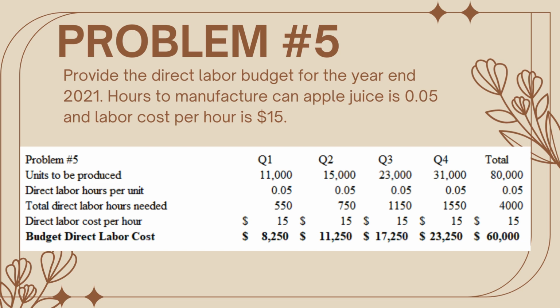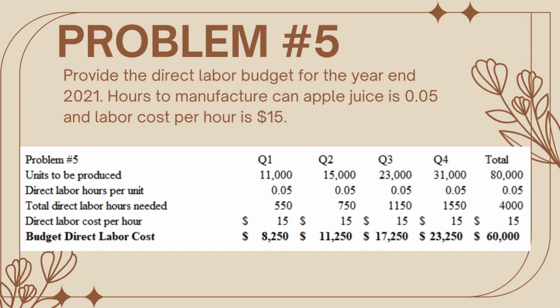So again, 0.05 is equivalent to 3 minutes. Units to be produced, I just assume this one. It's 11,000 for quarter one, quarter two is 15,000, three is 23,000, and for quarter four is 31,000. So we will just multiply it by 0.05, which is the hours to manufacture the canned apple juice.